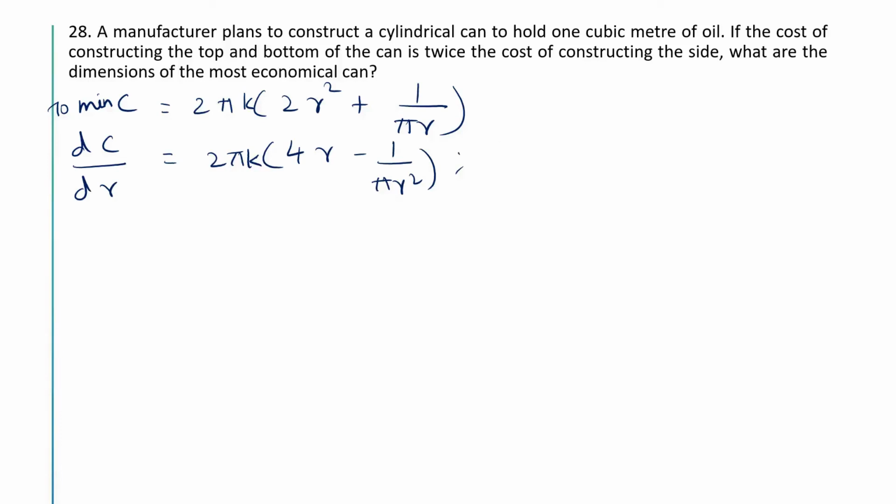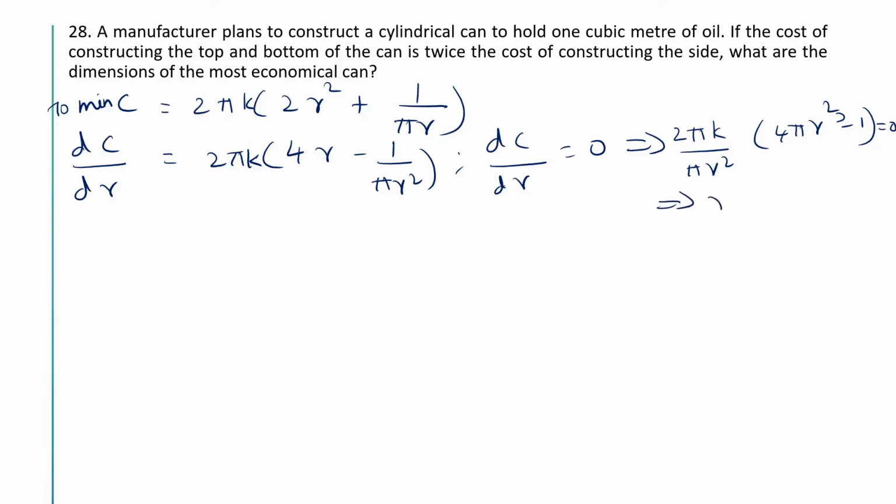At the critical points, dC by dr equal to 0, which means 2 pi k by pi r square is common, it can be taken outside, into 4 pi r cube minus 1 equal to 0. So from this we have r cube is equal to 1 by 4 pi, or r is equal to 1 by 4 pi the whole raised to 1 by 3.